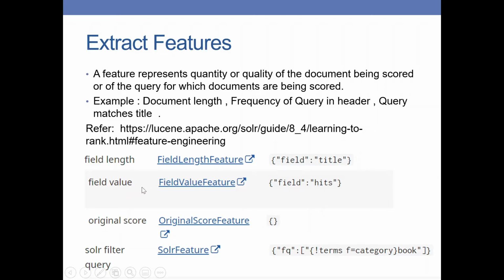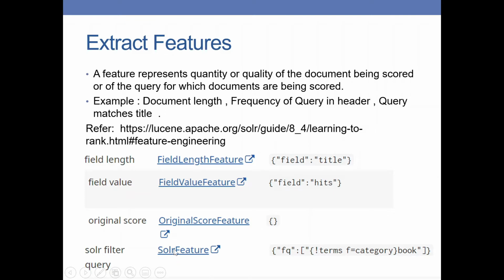So it will create the value of hit as a feature, hit tag as a feature. Then the original score feature will give you the original score of the document.